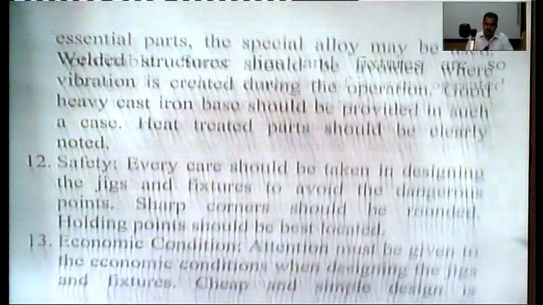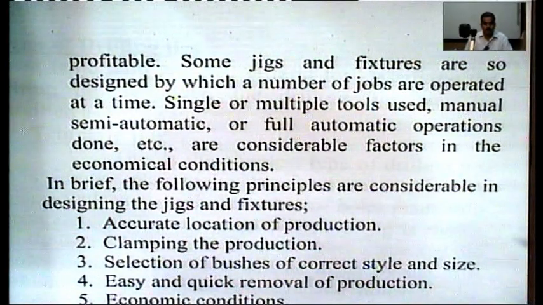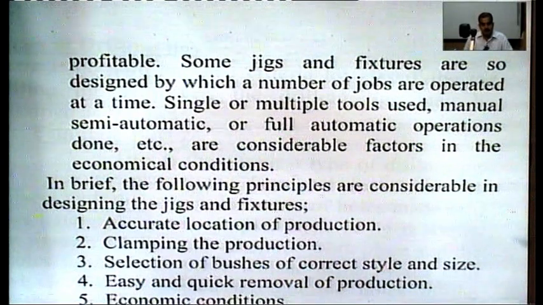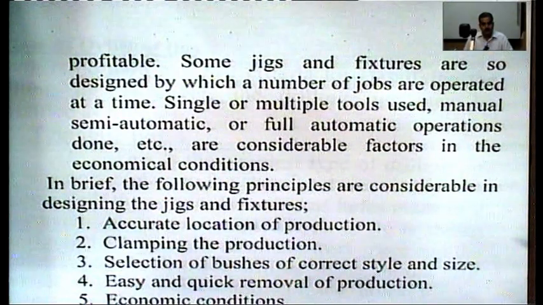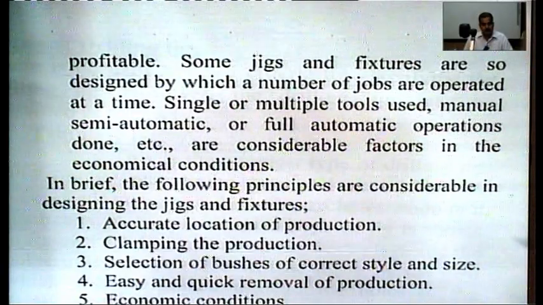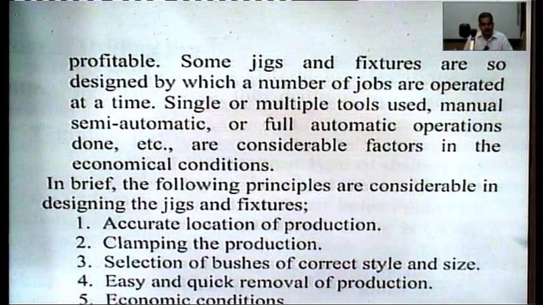Cheap and simple design is profitable. Some jigs and fixtures are so designed that a number of jobs are operated at a time. Single or multiple tools used, and manual, semi-automatic or fully automatic operations done, etc., are considerable factors in the economic conditions.